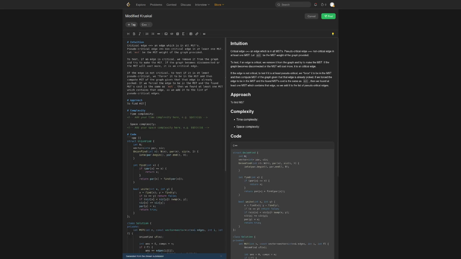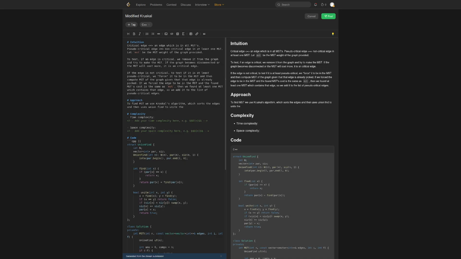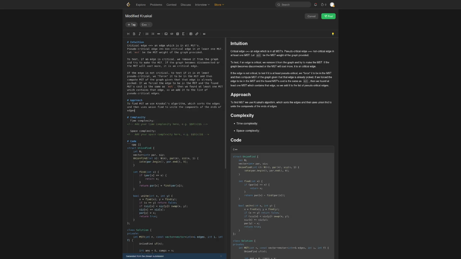Okay, approach. To find the MST, we use Kruskal's algorithm, which sorts the edges and then uses union find to unite the components of the ends of edges, going from the cheapest to the most expensive edge.